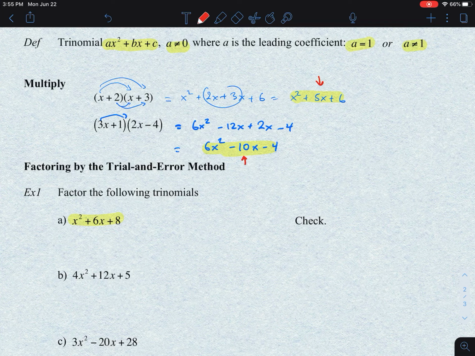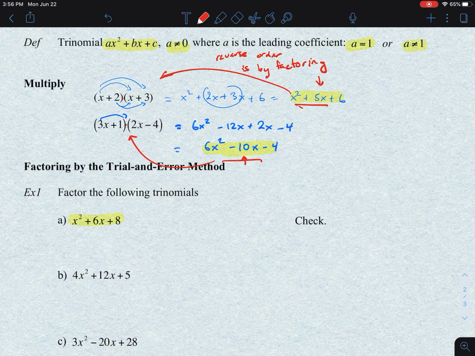But when we go backwards, the reverse order is factoring. We take the trinomial and break it up into its factors and write that as a product. The reverse direction is more difficult, and that's what we're going to do in this lesson.